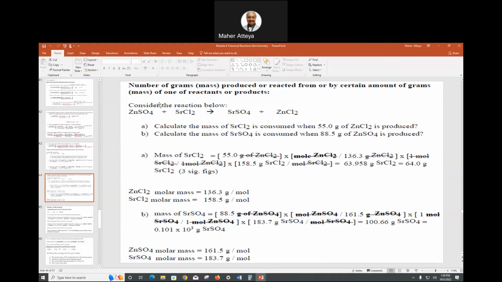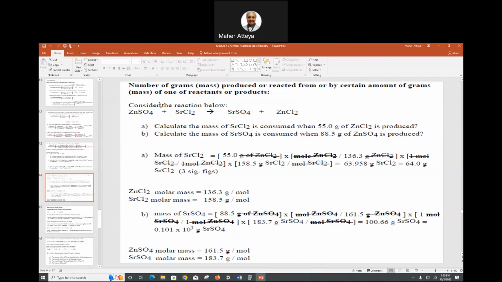The first step is you start with whatever is given to you. The number is given to you, whether it's reactant or product. Second step, you divide by the molar mass of the given compound. The third step is to look at the mole ratio. Whatever is asked, the number of moles has to be on the top, and the ratio to the number given to you.